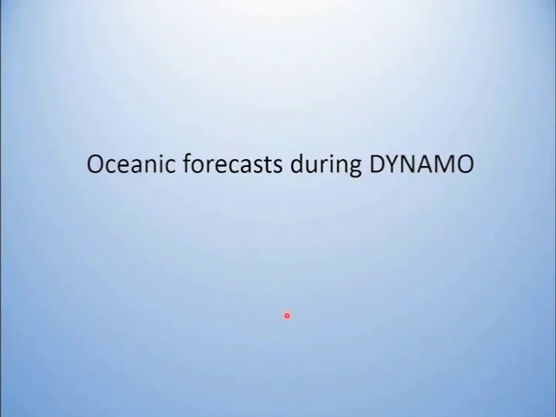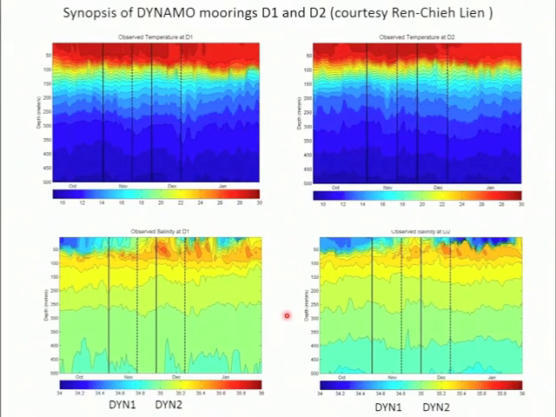So I don't have too much time to describe ocean forecasts, but I'll try to make it fast. These are forecasts from the moorings from Dynamo, the D1 mooring on the equator and the D2 mooring at 2 degrees south of the equator, for temperature as a function of depth and time, and salinity as a function of depth and time.